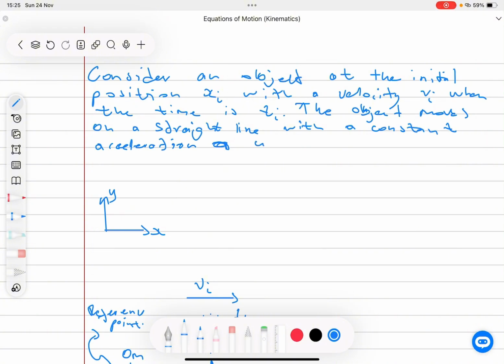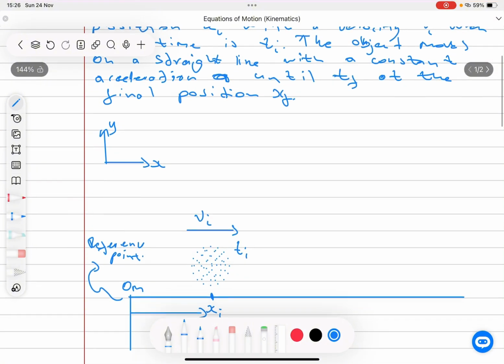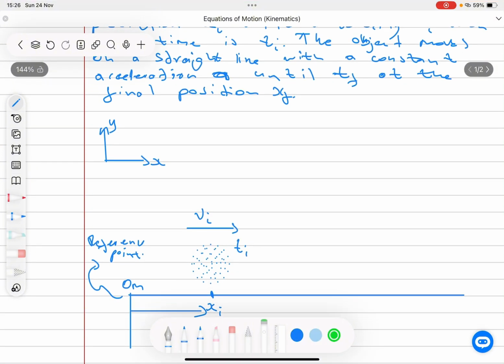And I'll call that acceleration a, until some time tf at the final position xf, right?